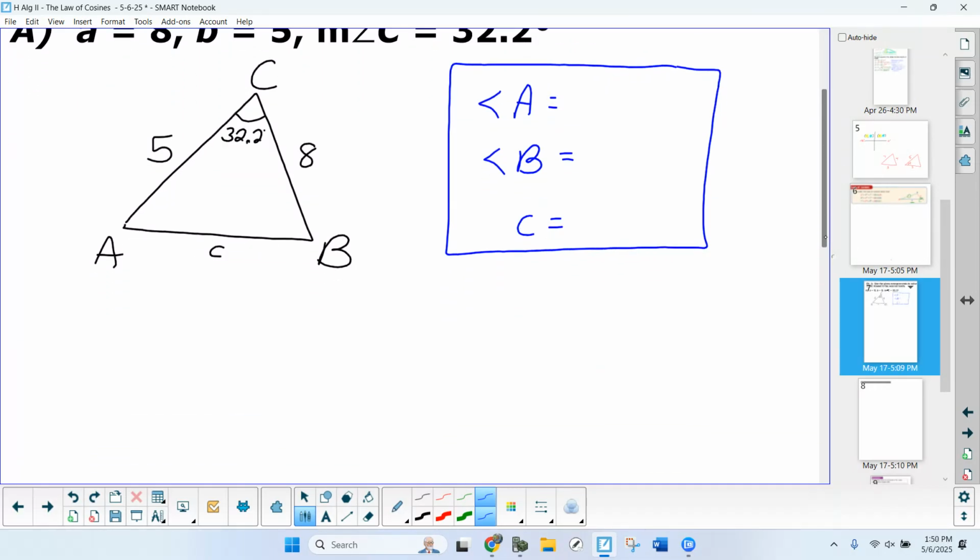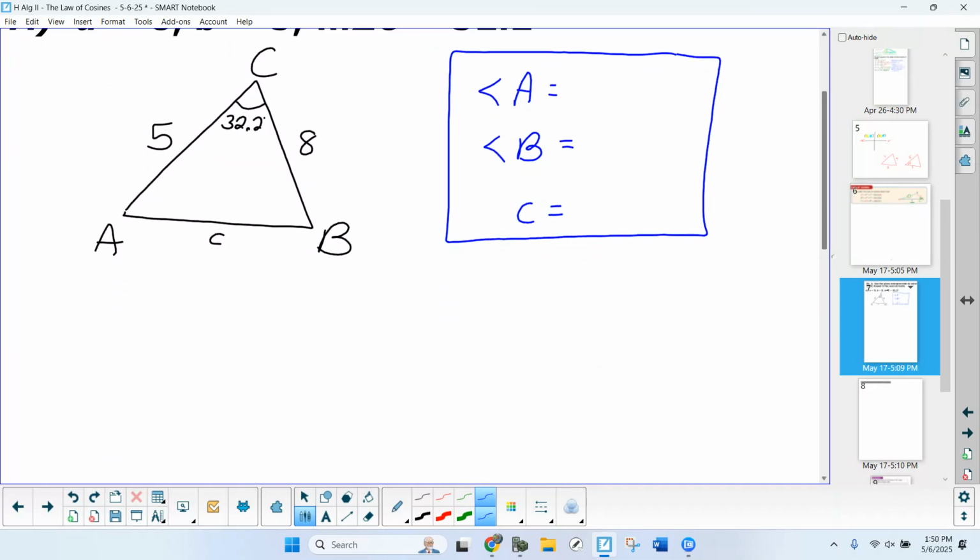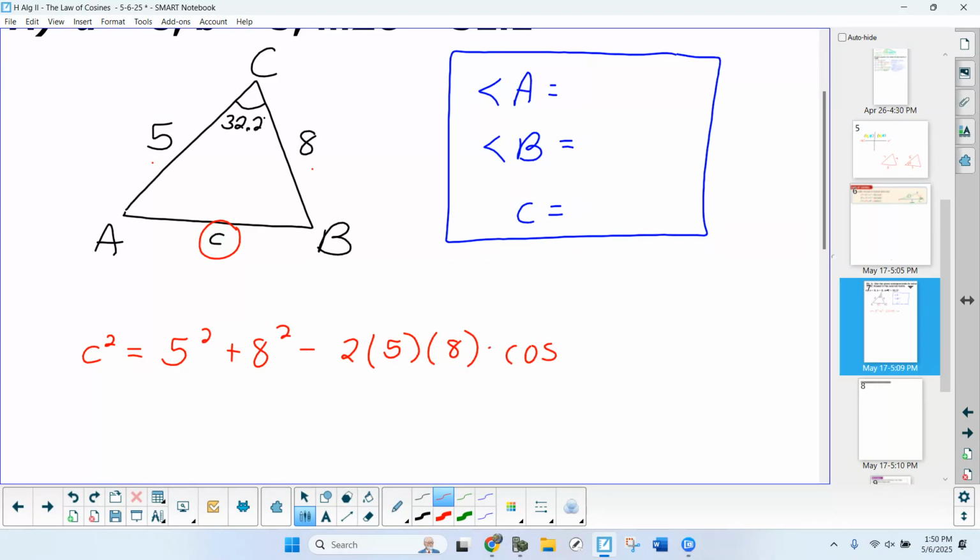And here's how I'm going to write this. Notice C is what I don't have. So I'm going to do C squared equals 5 squared plus 8 squared minus 2 times what? 5 times 8 times the cosine of the included angle.